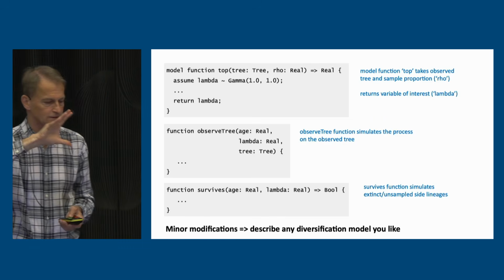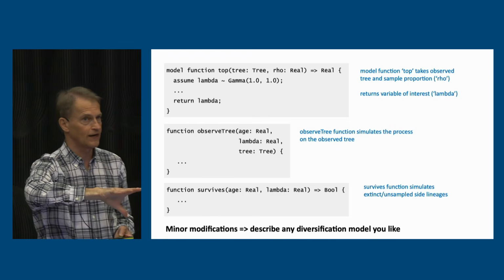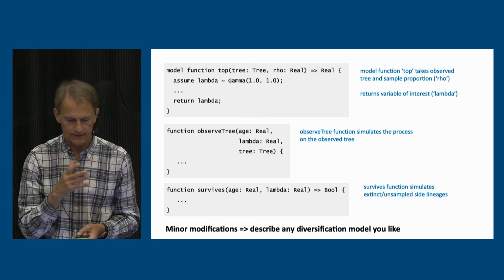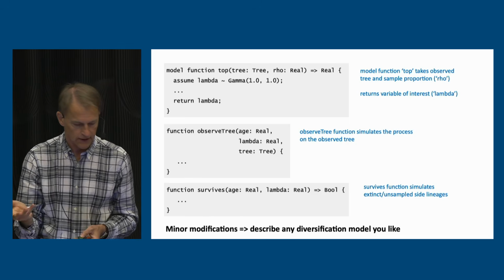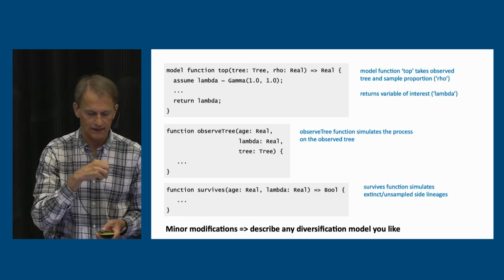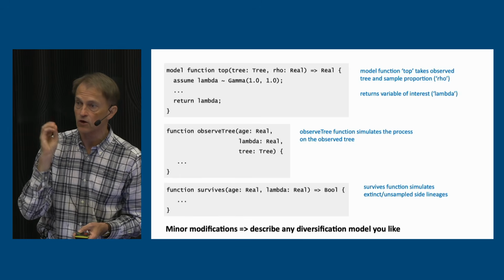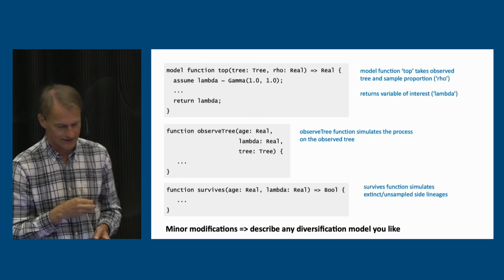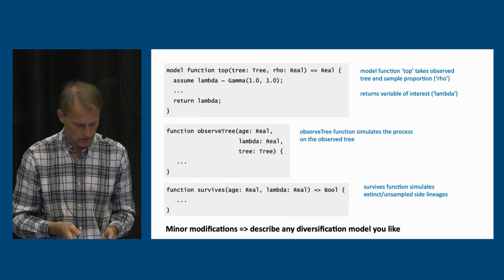But then this top function calls other functions. We have an observed tree function that simulates the process on the observed tree, and then we have a survives function that simulates the extinct or unsampled side lineages, and we know they have to go extinct because we have not observed them, right?